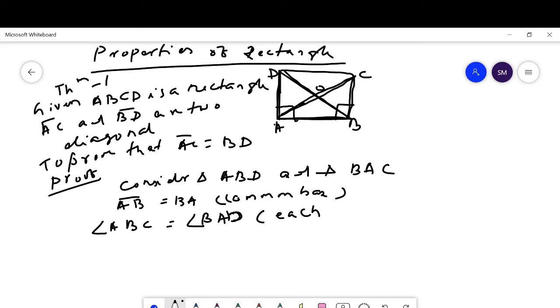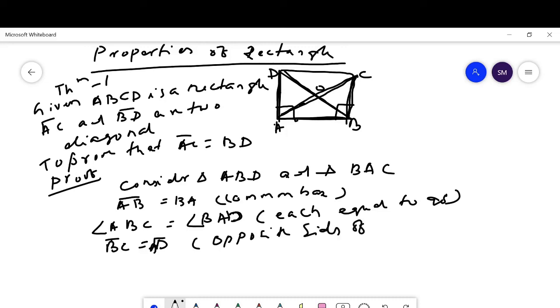As we know, in a rectangle all the angles measure 90 degrees. Then BC is equal to AD, as opposite sides of the rectangle.